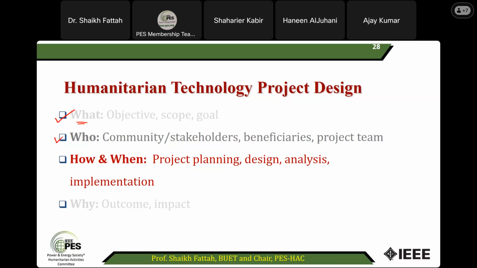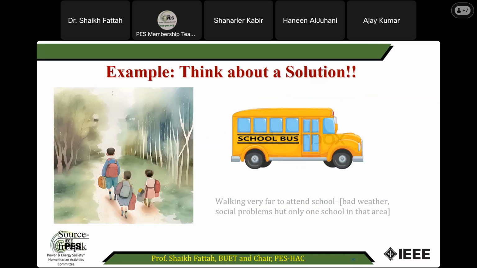You need a clear design, analysis and implementation. That's the next step, how you'll solve it. Just look at this example. I generally love to give this example. The left-hand side picture is telling that children have to walk a long distance to reach their school.